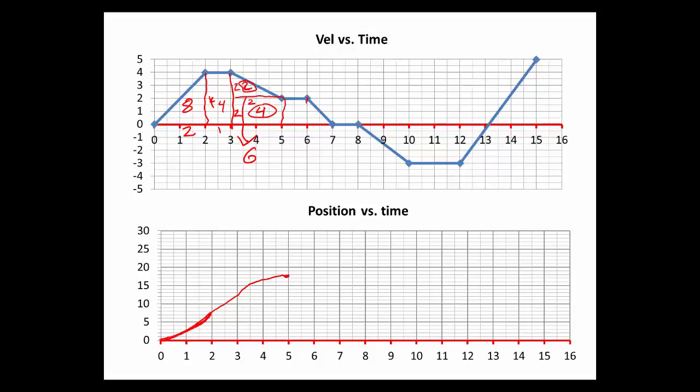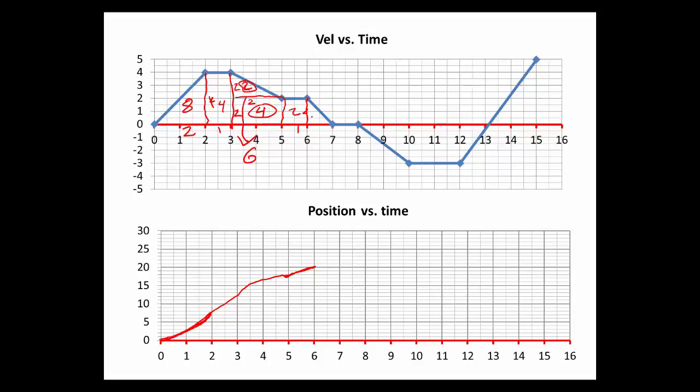In my next section, I have a base of 1, a height of 2. So this has an area of 2, so from 18, it's going to go up 2 to 20. And that's going to be a straight line.